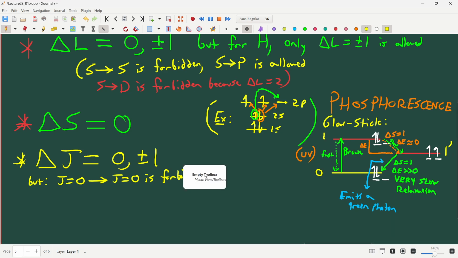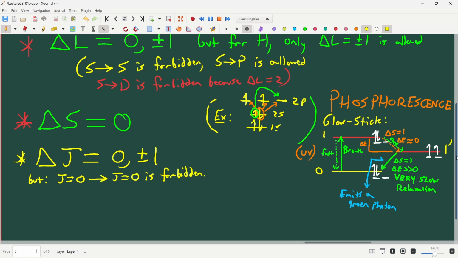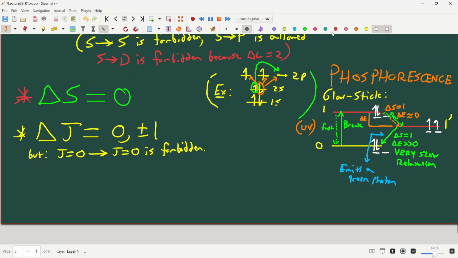So for instance, let's look at helium. Helium's ground state is 1s2. And we calculated last class what the term symbol for this was. It's 1S0.